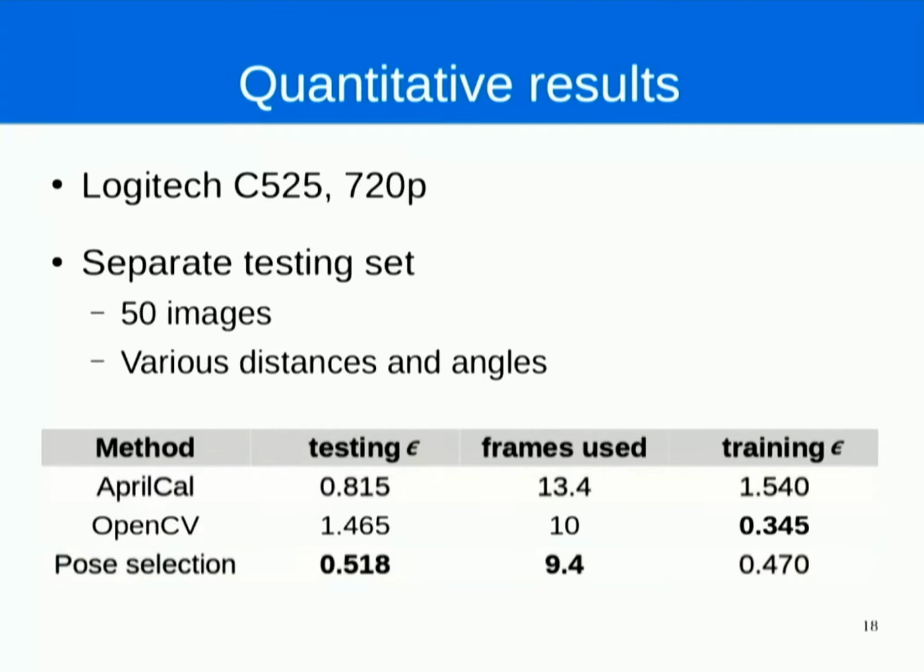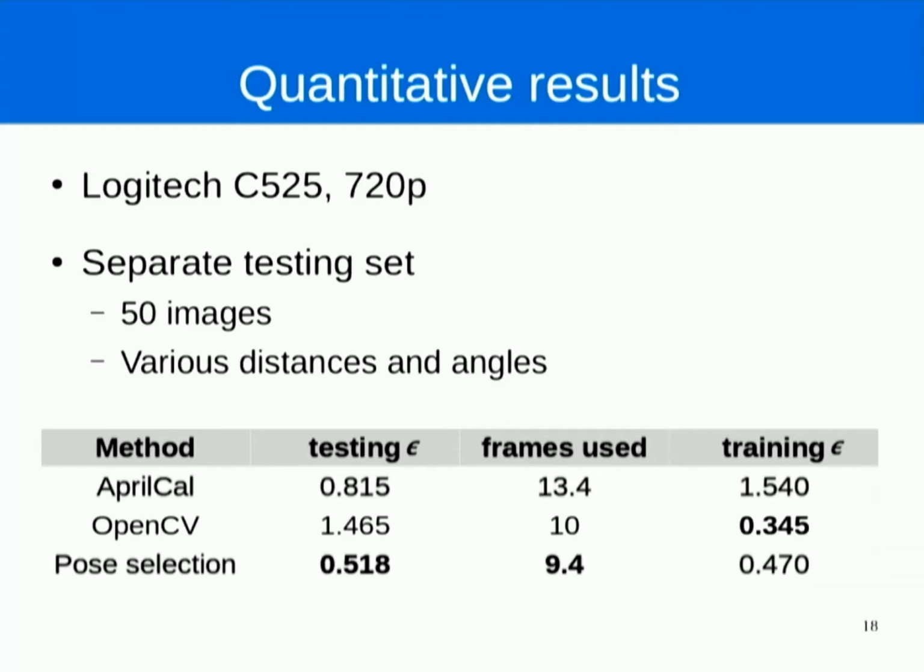We used as measures the testing error and the frames required until convergence. Also, there's a training error for completeness, which is also known as the reprojection error. And as you can see, our method arrives at the lowest testing error using the lowest number of frames.